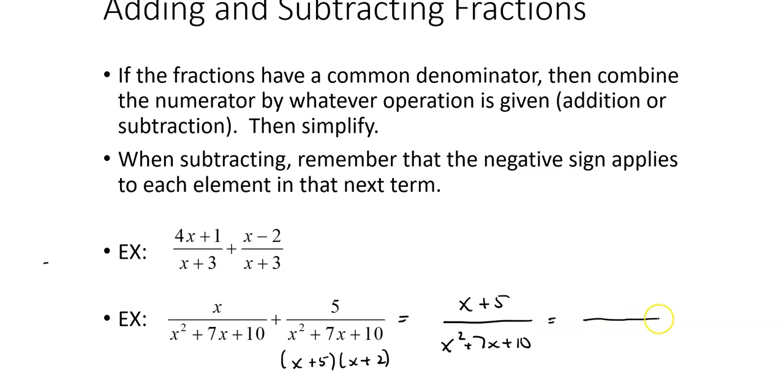Oh, so it simplifies a little bit, right? I have an x plus 5 on the top, and on the bottom, I have x plus 5 times x plus 2. The x plus 5s cancel, and I get 1 over x plus 2. So if it's possible to continue, simplify as far as you can.